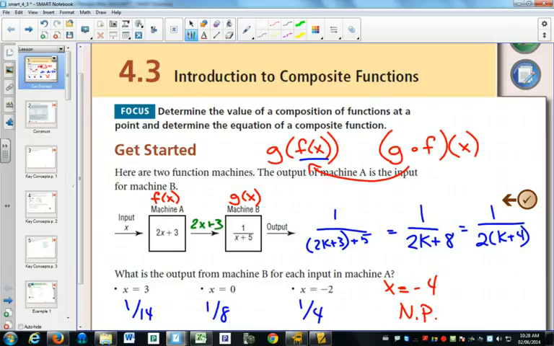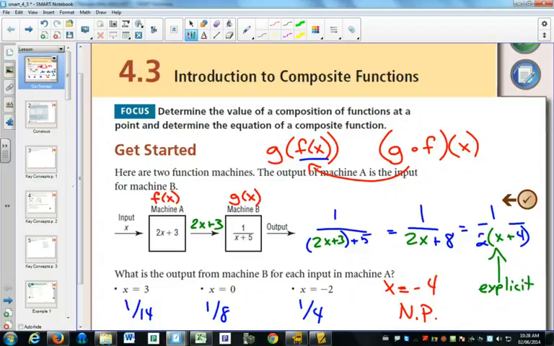And over here, instead of 1 over 2k plus 3 plus 5, I would get 1 over 2x plus 3 plus 5, which would be the same thing here, except you'd have 2x plus 8, which would be the same thing here, except you would have 2 times x plus 4.